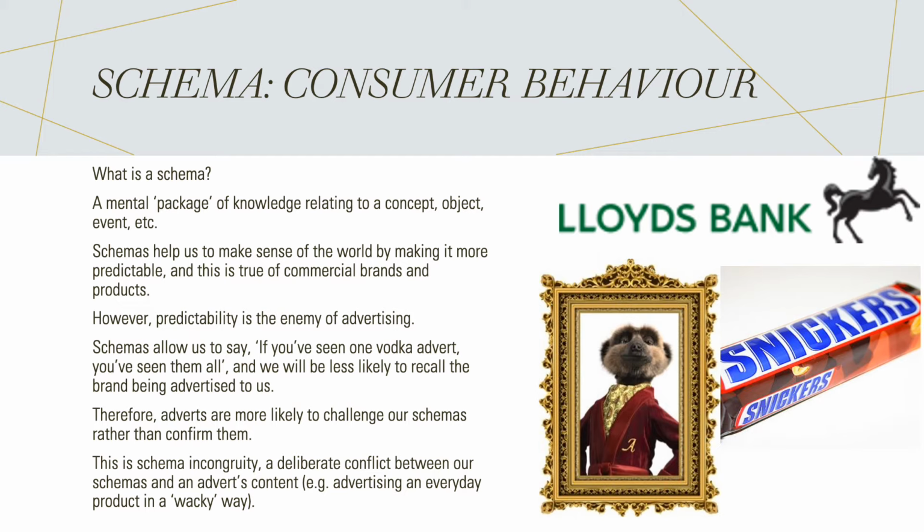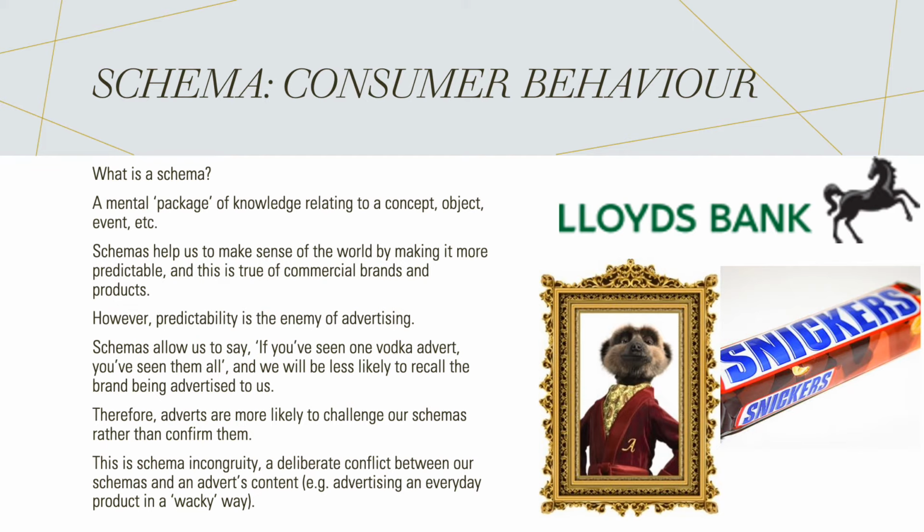The three examples that I thought of, you might be able to think of better ones, are, number one, Compare the Meerkat. Comparison websites tended to all be very similar, and then Compare the Meerkat came out, and it's so memorable, and it challenged our schema of comparison websites because it's so random. Why is there a meerkat advertising a comparison website? So we remember it.